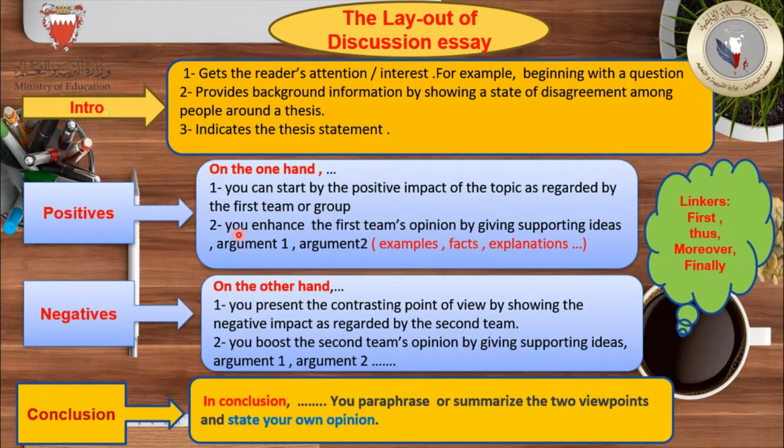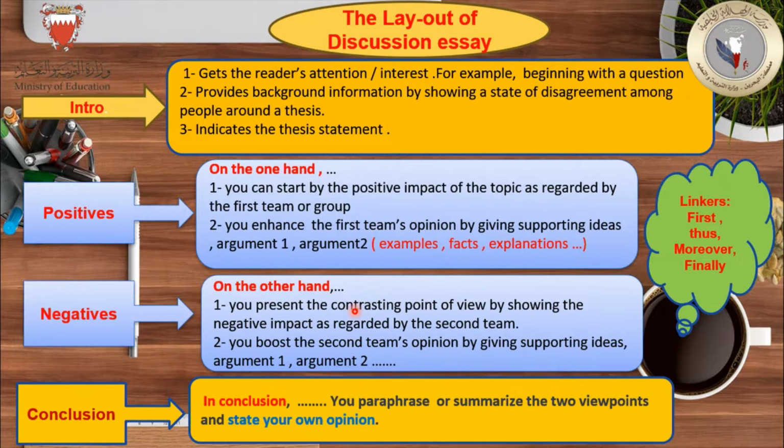Also, you enhance the first team's opinion by giving supporting ideas, some reasons, some arguments, argument 1, 2, or 3, as you like. And also, you can enrich your arguments with examples, facts, and explanations.